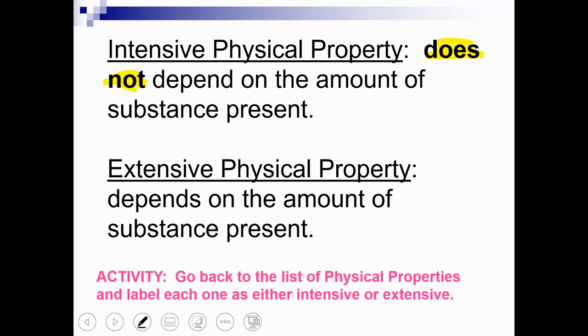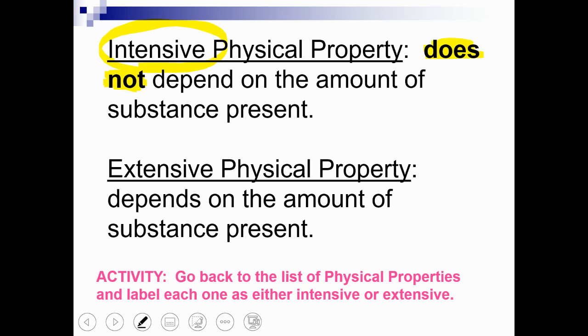Now, if there's more water in the pan, it might take longer to get it to reach the boiling point, but it'll always boil at the same temperature. So that is what we know of as an intensive physical property, because it does not matter how much water is in the pan, the boiling temperature is going to be the same.